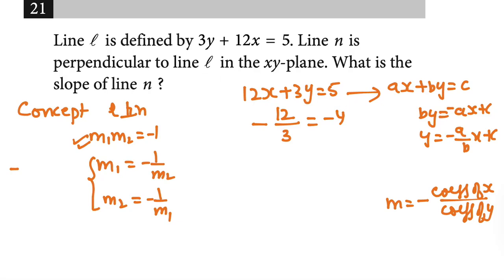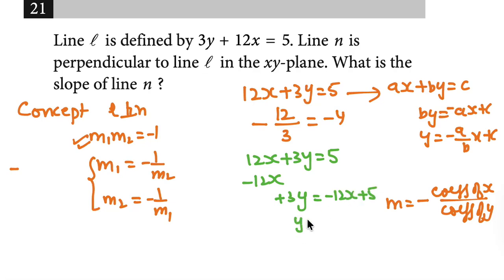Now if we do it the proper way, let's convert it into slope intercept form. 12x plus 3y is equal to 5. Subtracting 12x on both sides, 3y is equal to -12x plus 5, and y is equal to -12 by 3 x plus 5 by 3.